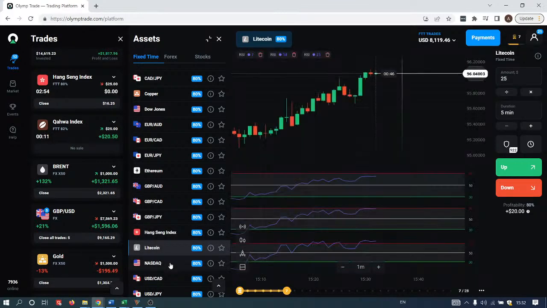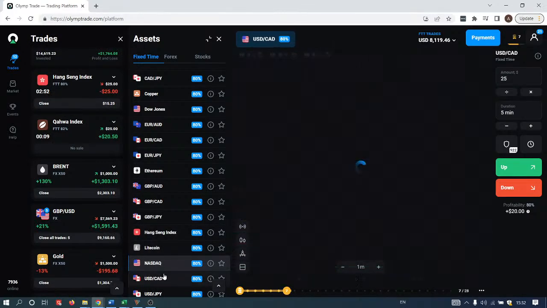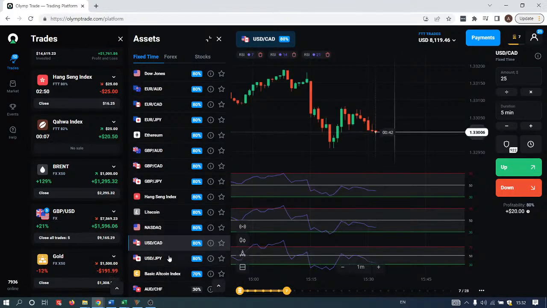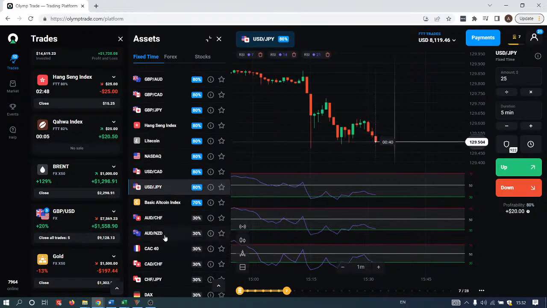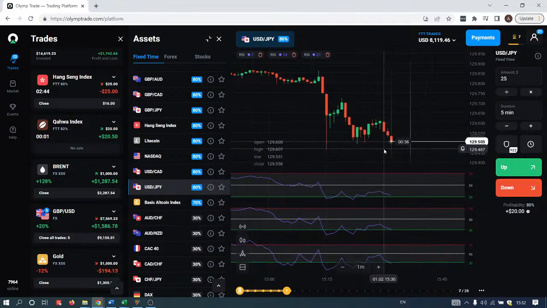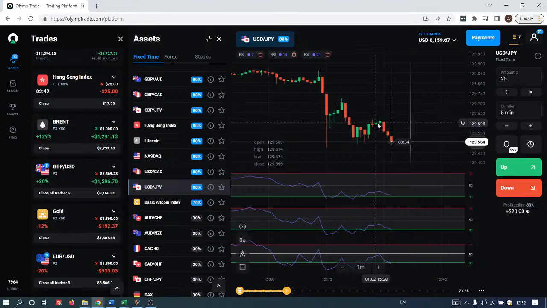But for me, in my beginner stages when I was just learning how to trade, it really took me a few months maybe to find my first indicator that would actually work. So that was the RSI indicator actually.